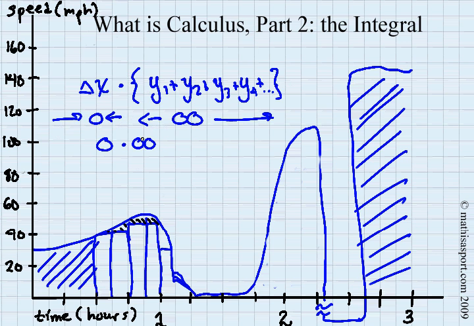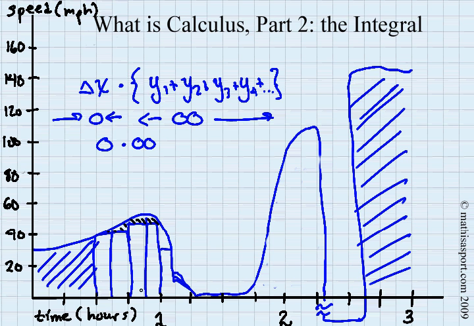Well, again, we were taught that 0 times infinity was undefined. But I hope I've tried to suggest a rationale for why we need to believe that 0 times infinity in this case is going to again result in the distance that I've driven. A finite number, 180 in this case, 180 miles.